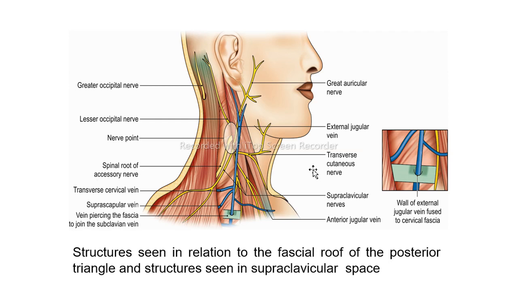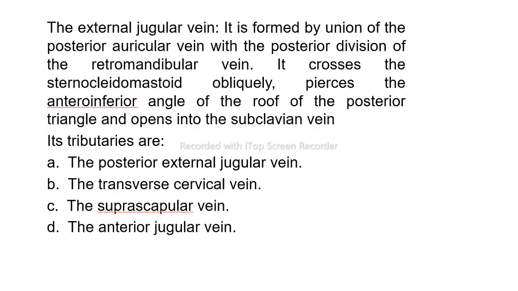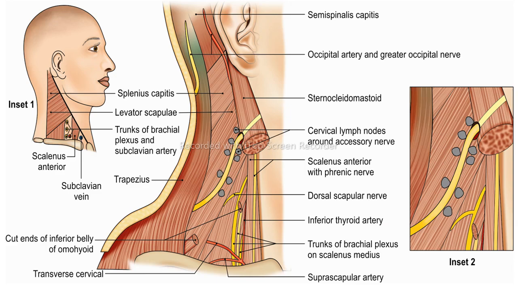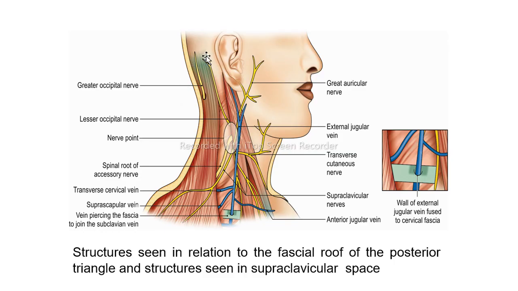In the superficial fascia, we can see the four nerves. They are the lesser occipital nerve, great auricular nerve, transverse cutaneous nerve and supraclavicular nerve.